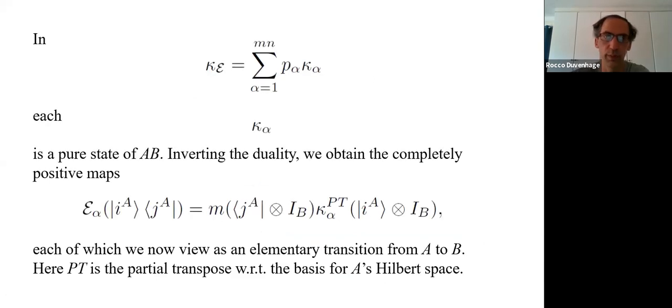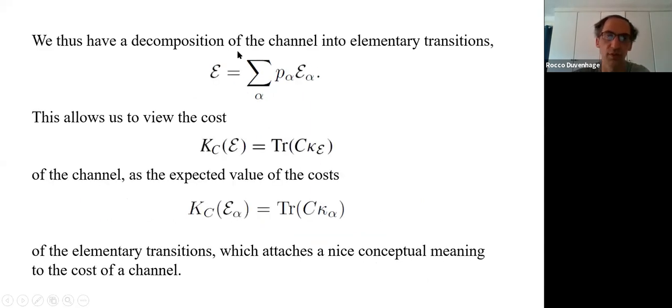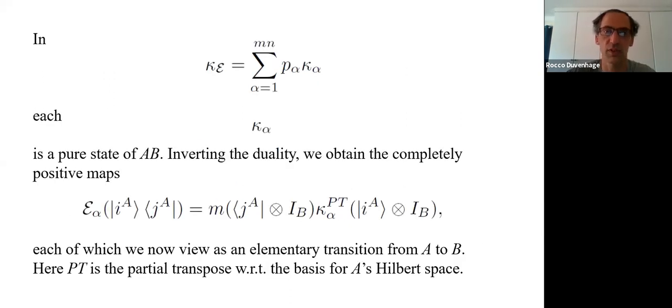Now, if you compare the decomposition of the states and you look at the maps representing those pure states, then you can show very easily that the channel is in effect decomposed in this way. So it follows directly from this and this.